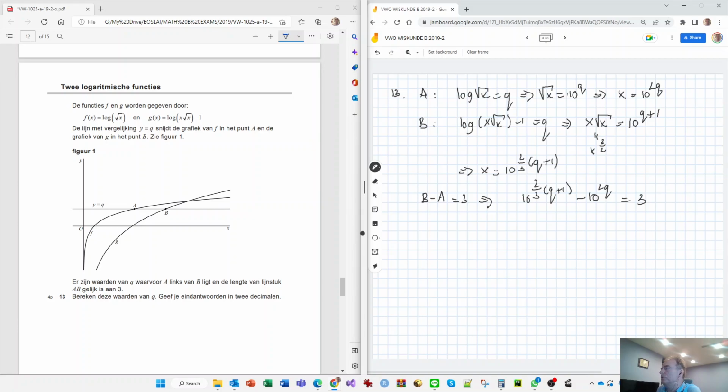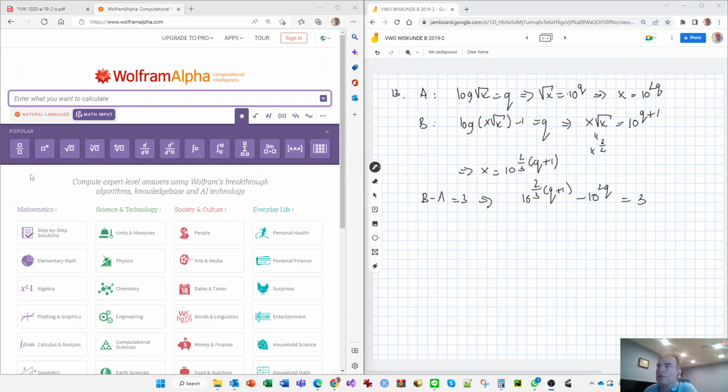Just as soon as you have an equation you need to solve, just put it in your calculator. So I fired it up.